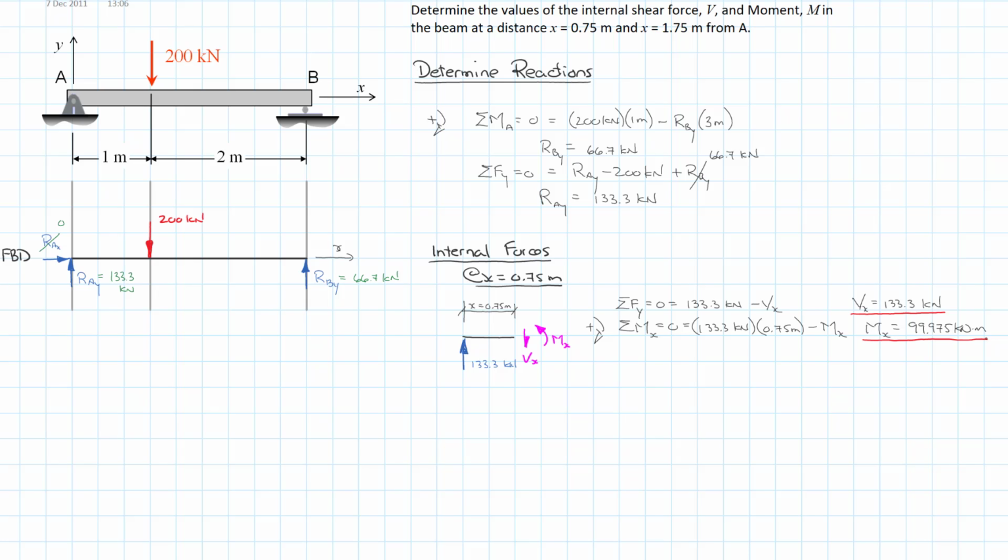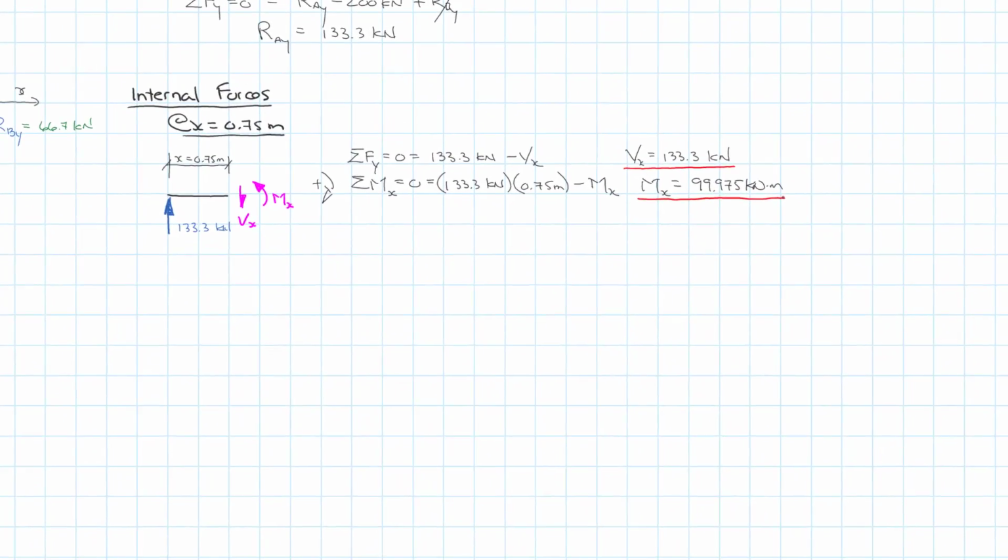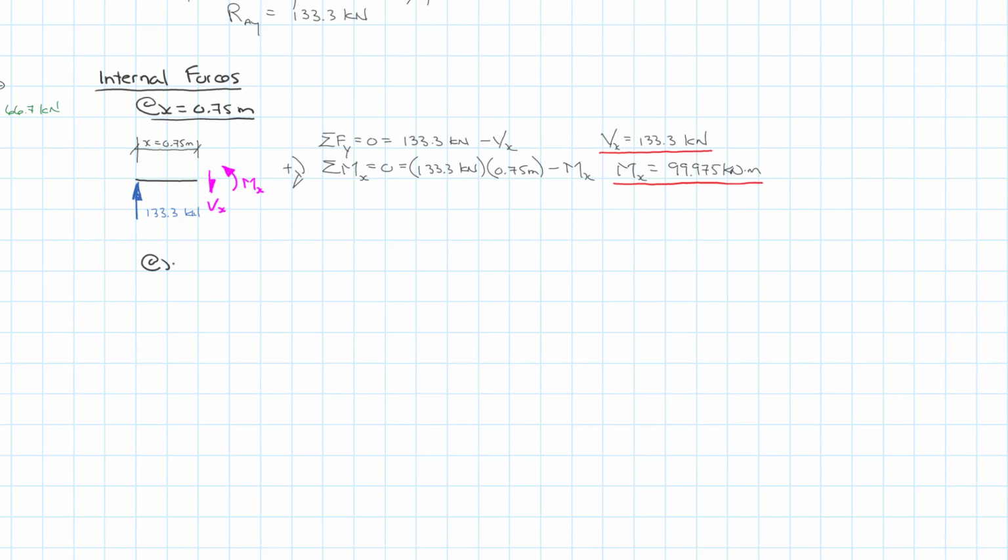Being somewhat repetitive, what we're going to do now is x equals 1.75 meters, and we're going to do exactly the same thing. Go down here, say at x equals 1.75 meters, and we need to draw our partial free body diagram. So I'm going to put it in here, add our forces and our internal forces, and we'll do our labels.